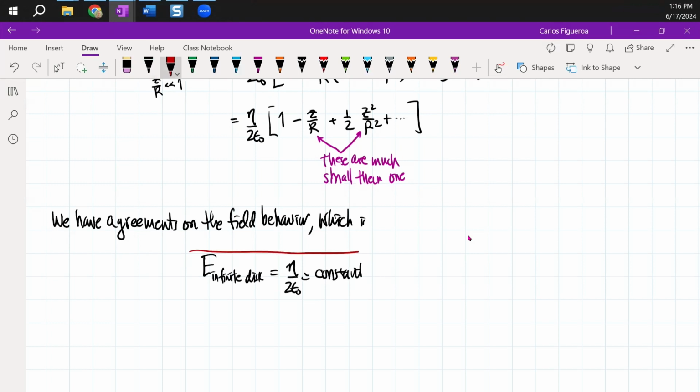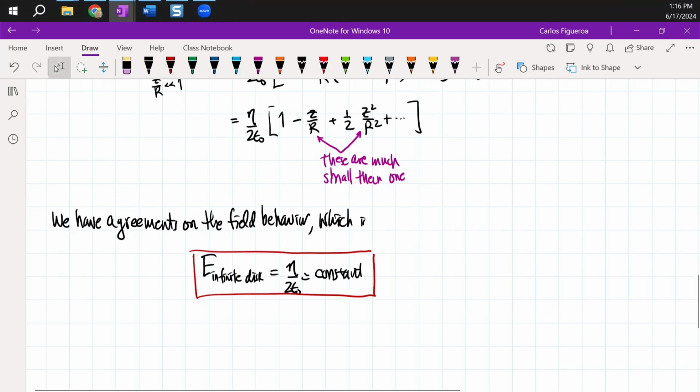That's what we came to do right here. So now what we want to do is interpret this field. There's a lot of really great physics here.